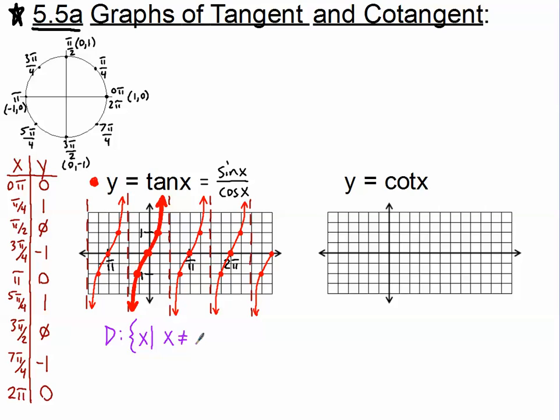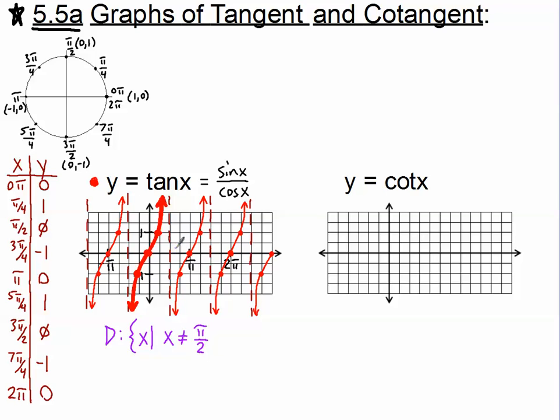I need the first asymptote. Now what I do is I pick the closest asymptote to 0, to the origin. Now I actually have two asymptotes that are exactly equidistant. So in this case I pick the one that's positive. The first positive value where our tangent does not exist is at pi over 2. So x cannot be equal to pi over 2.